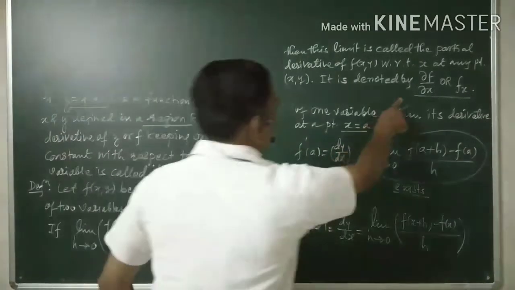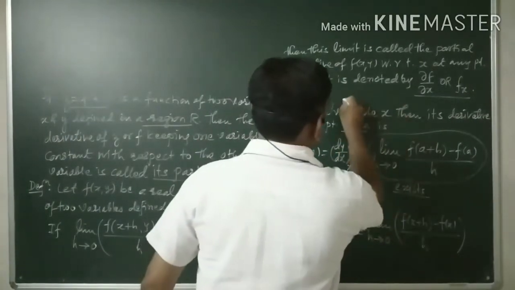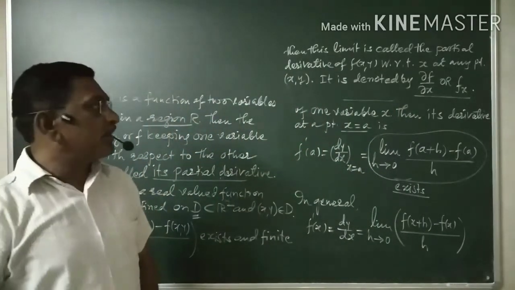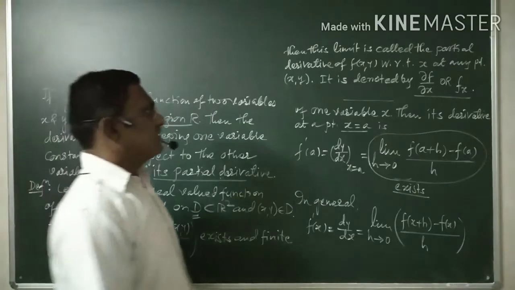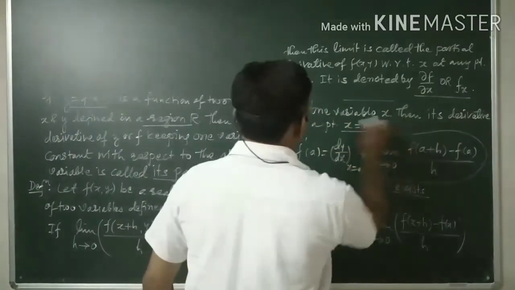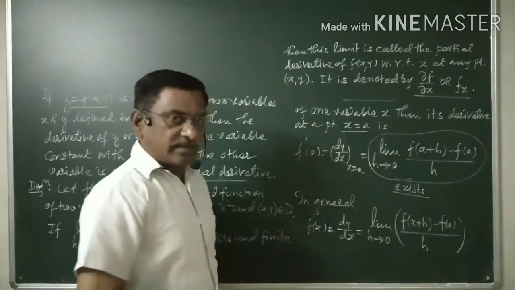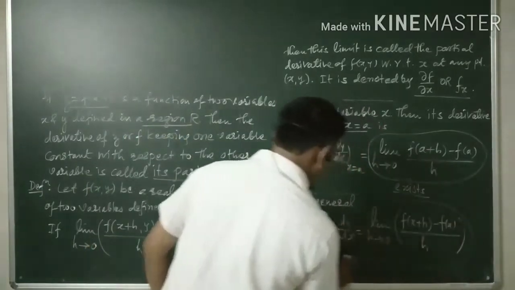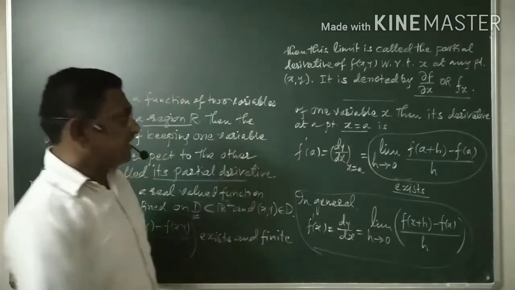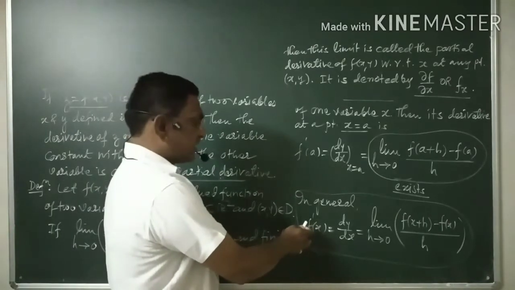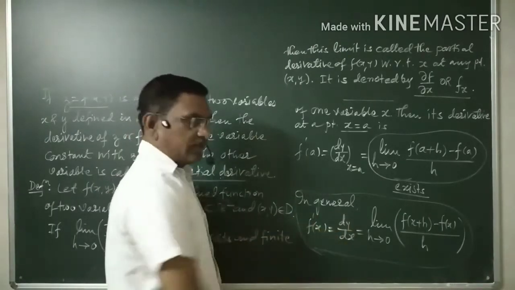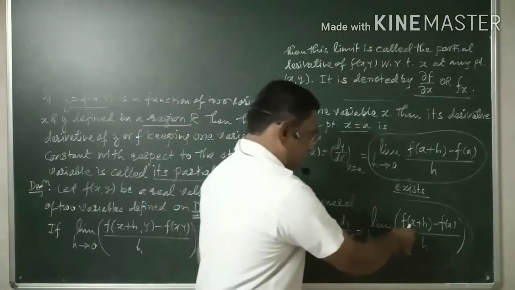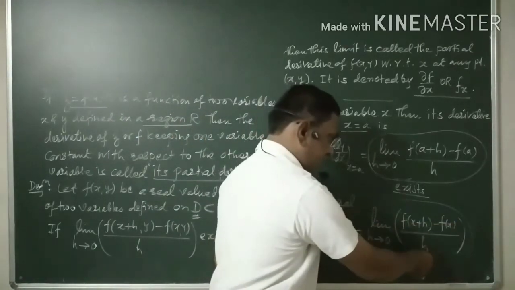Now just to see, I have not erased the first definition. If y is equal to f of x, a function of one variable x, then its derivative at a point x, the total derivative, f dash x is equal to dy by dx, which is equal to the limit as h tends to 0 of f of x plus h minus f of x divided by h.